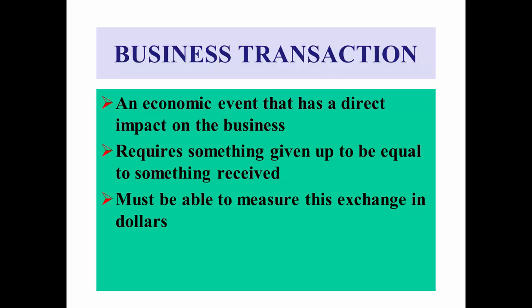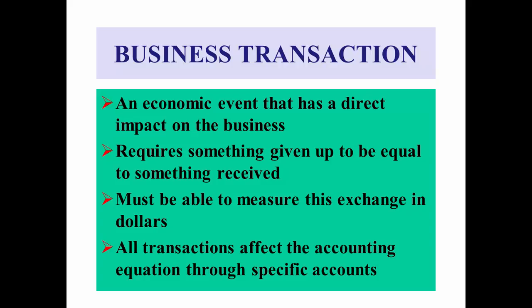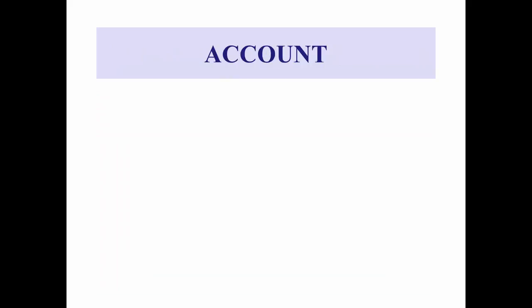We have to be able to measure the exchange in dollars, and all of these transactions affect the accounting equation through specific accounts. We talked about all the different kinds of asset and liability accounts, and these accounts would all be listed in that company's chart of accounts.